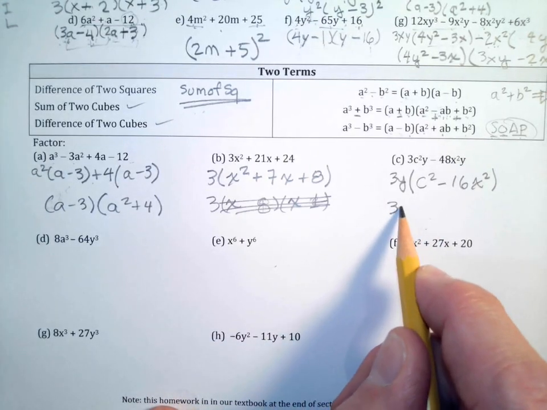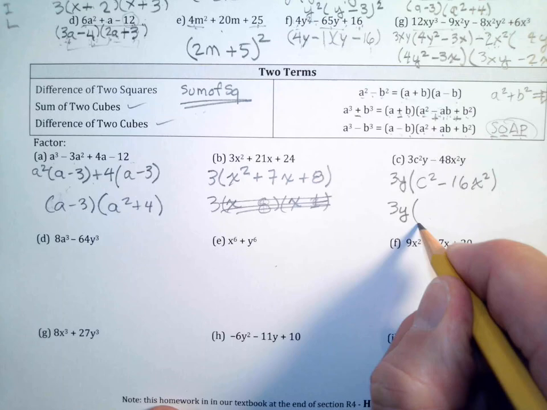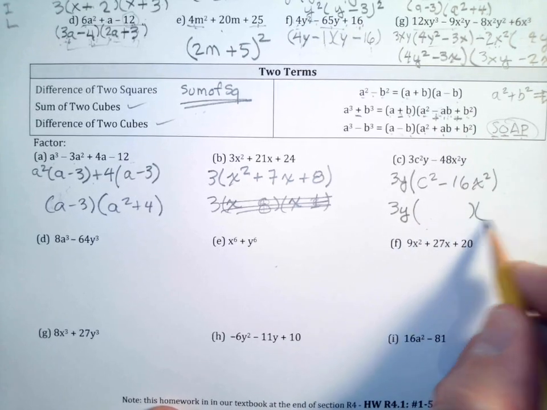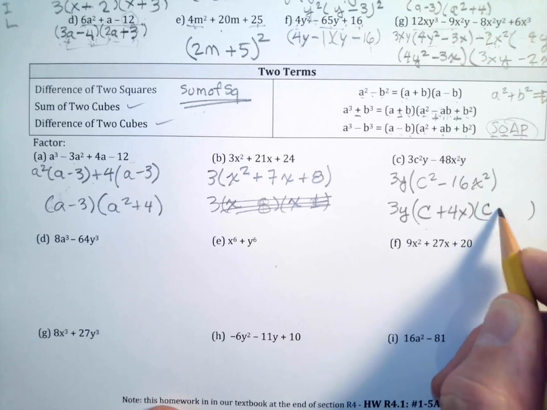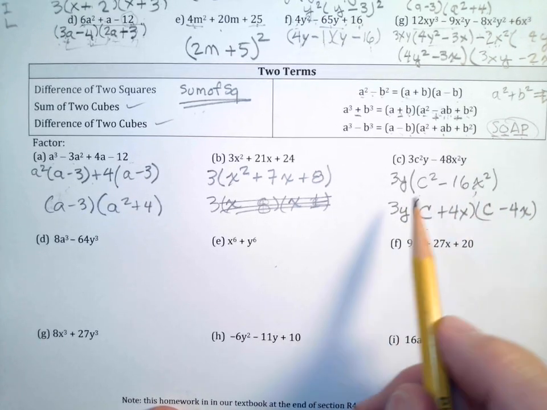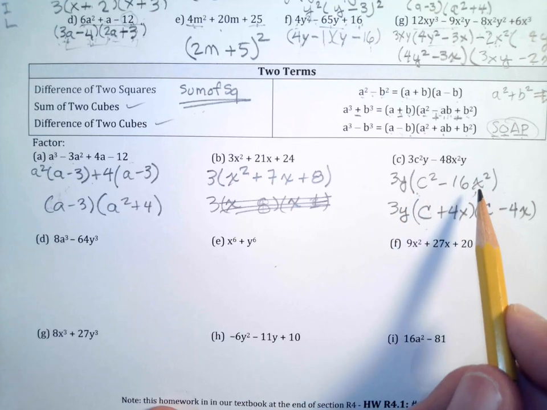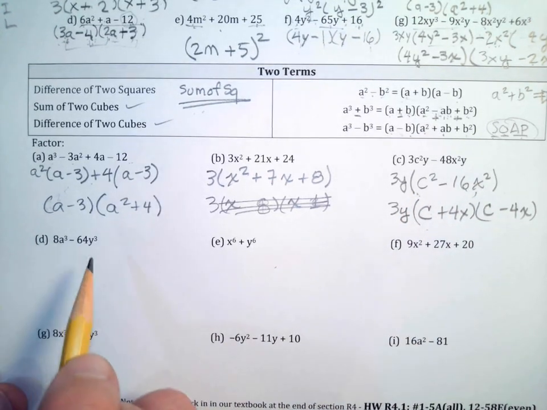Don't forget, that's a common mistake: you concentrate on this and you forget that there's something out in front. This is c plus 4x and c minus 4x. The square root of the first plus the square root of the second, times the square root of the first minus the square root of the second. Remember, those are going to be conjugates. All right, let's try this one.